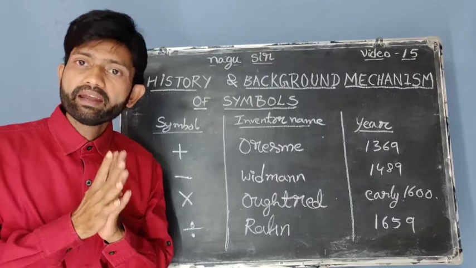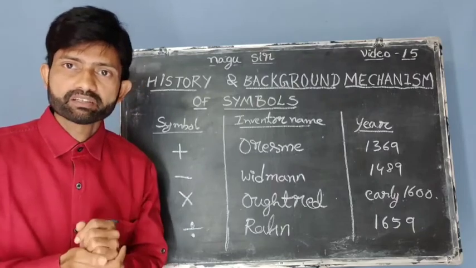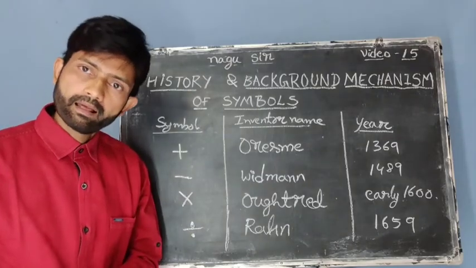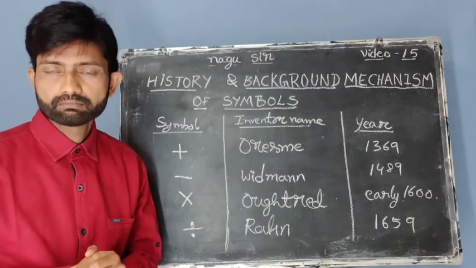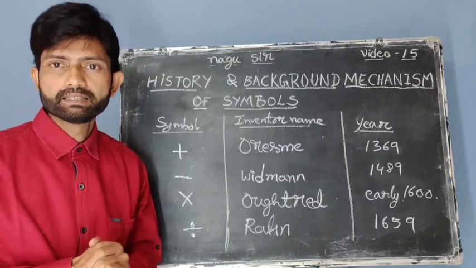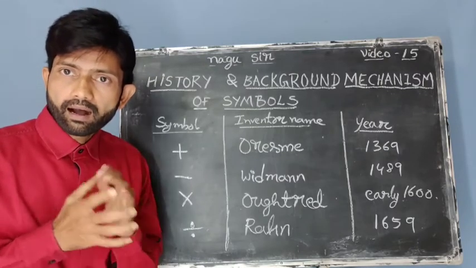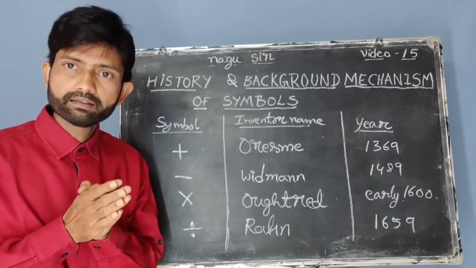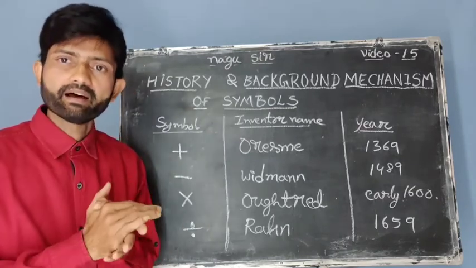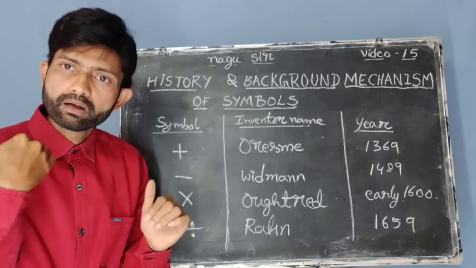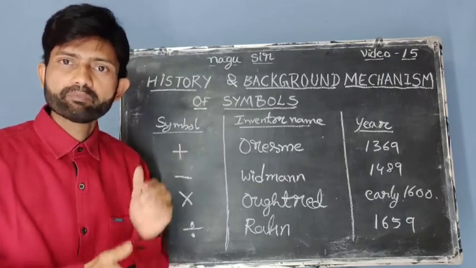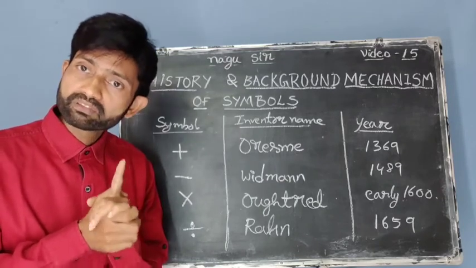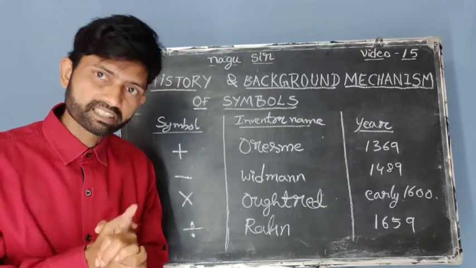I tried to get information about the background mechanism of these symbols and read so many books, but I didn't find any reason. So with my own logical thinking, I developed an idea to reveal the secret of the background mechanism. This is completely my own idea and my own logic.